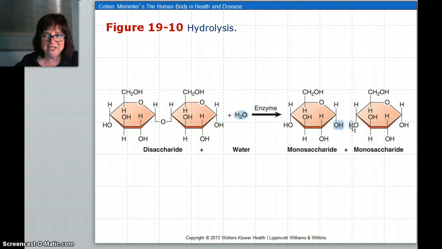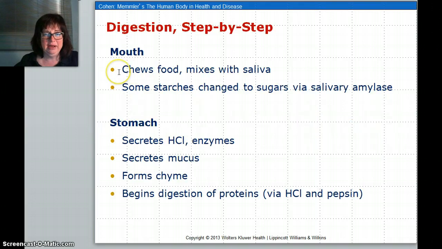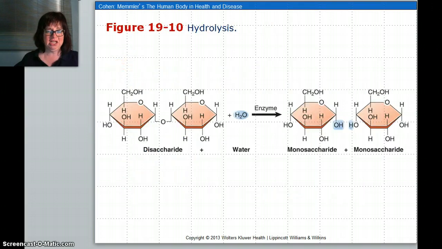Very important, because the process of hydrolysis will break apart those complex molecules, making them simpler. And the simpler they are, the easier they are to digest. So it is the hydrolyzing of these complex molecules that makes them simple enough to be digested.